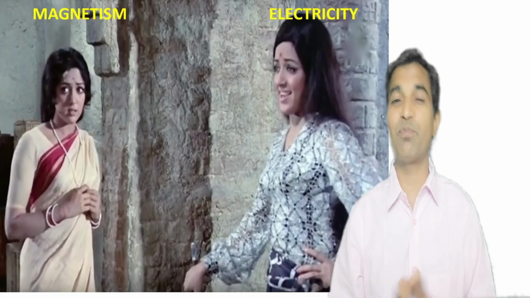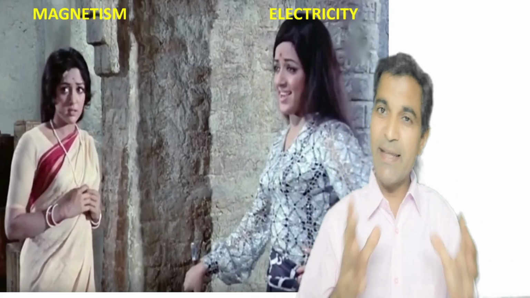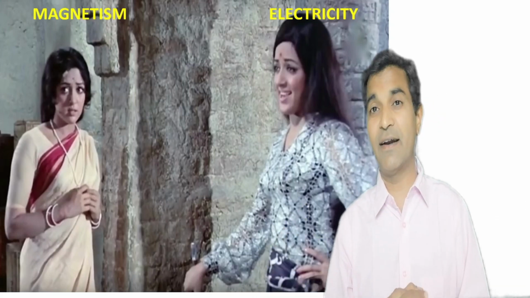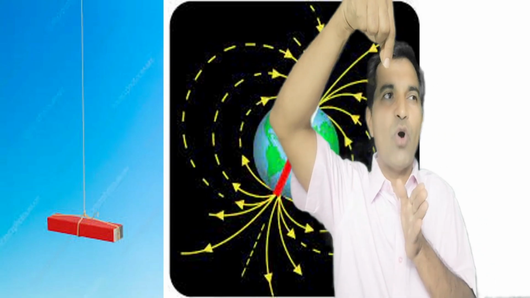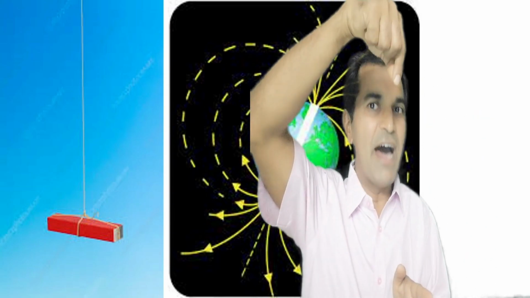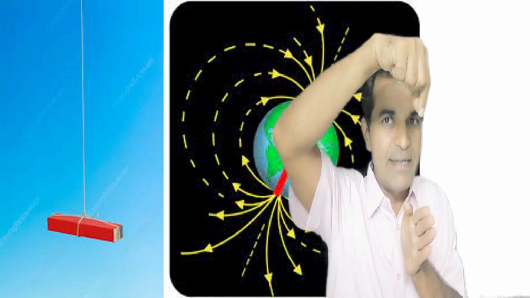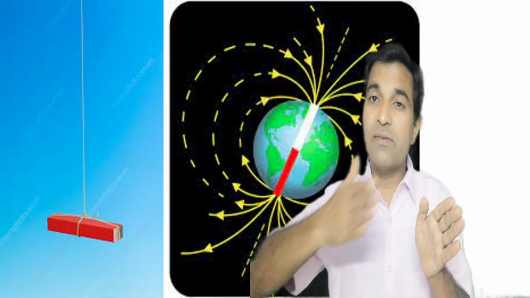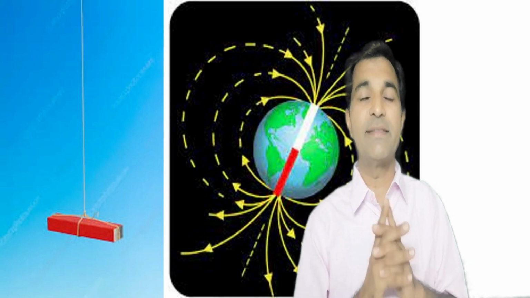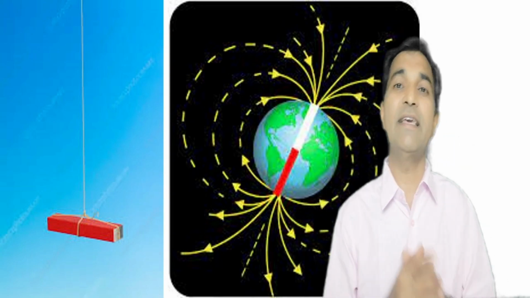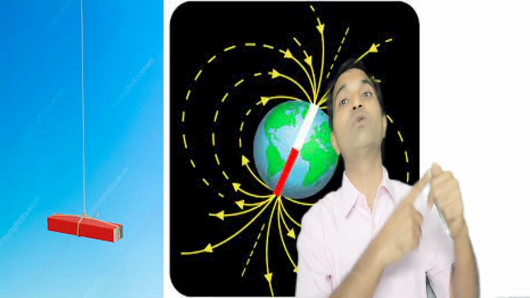Now let us discuss the properties of magnetism. It is very clear, you already studied in standard 8th and 7th, that whenever we hang a bar magnet, it always tries to align itself towards the north-south direction. And you should be very clear in your mind that Earth's north pole is basically the magnetic south pole.